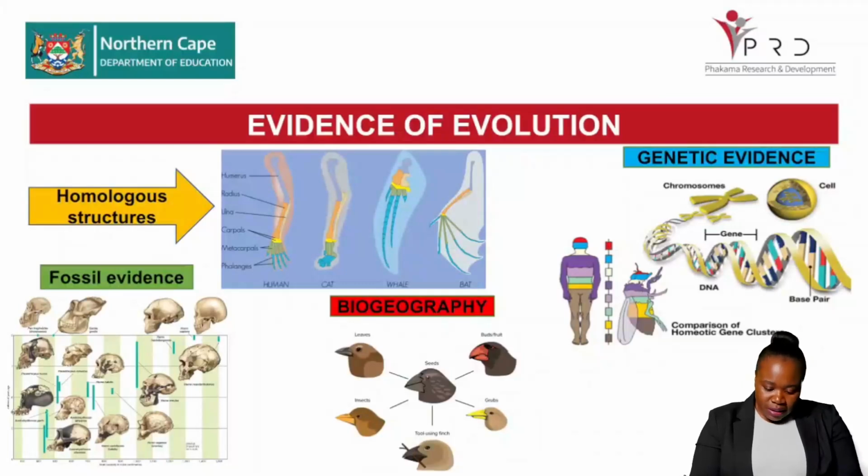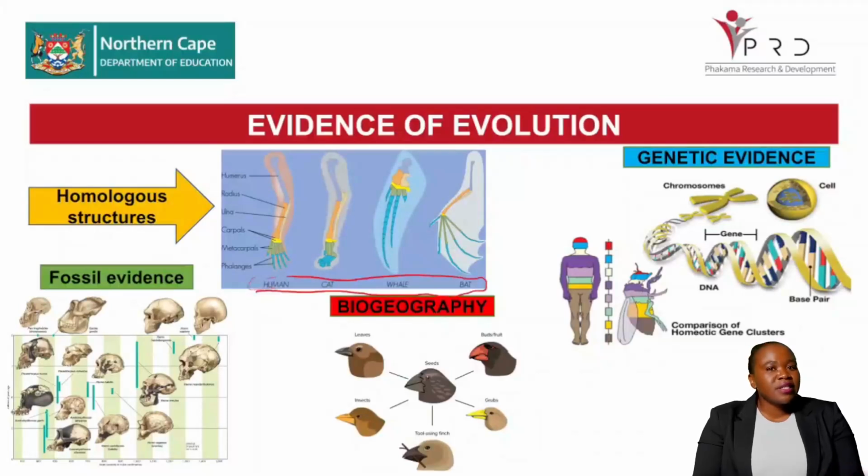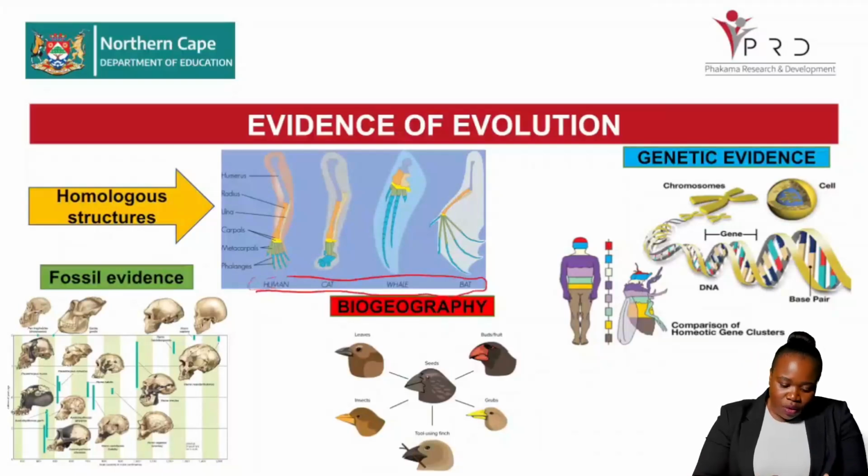We have homologous structures, whereby here we are looking at the fact that although these 4 organisms here may have different structures in appearance and different functions, we can still see that they have the same basic structure, meaning that we can see all of them having the humerus. They all have the radius and ulna.